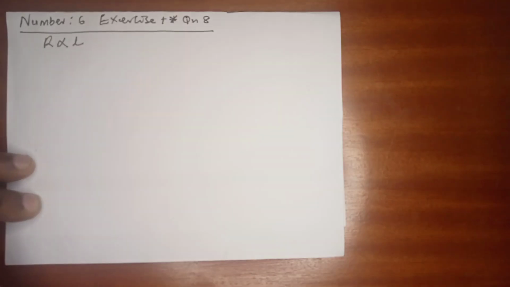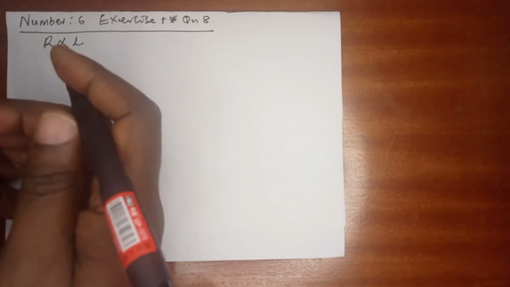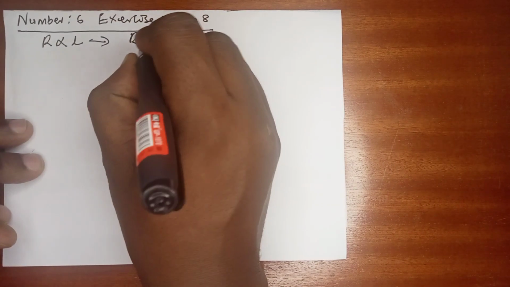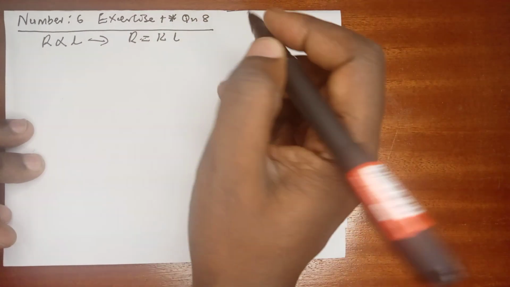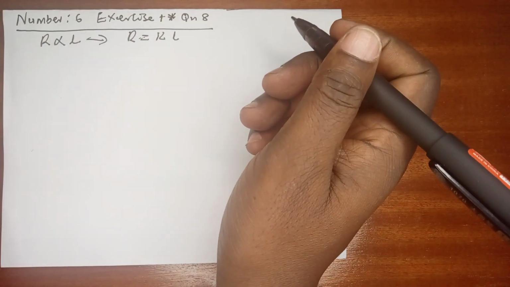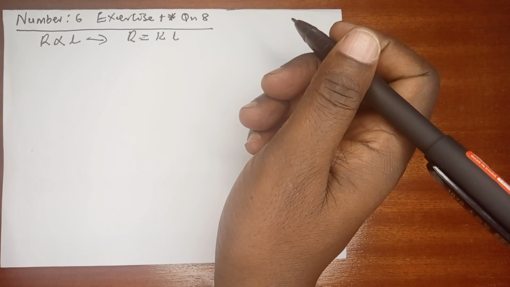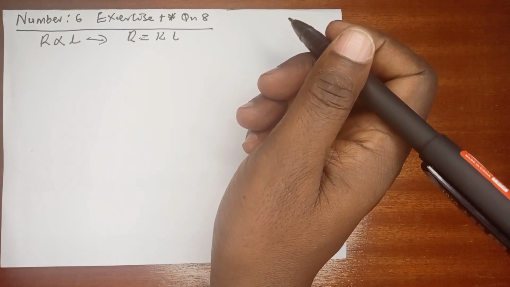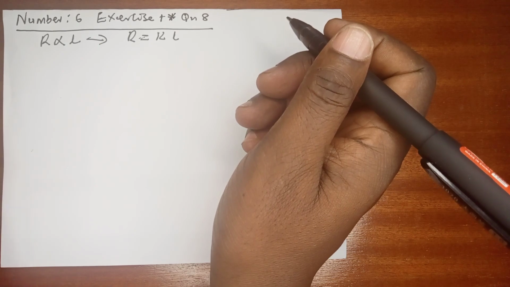This being the symbol of proportionality, we need now to introduce the constant of proportionality and have R equals KL. R is a variable resistance, L is a variable that is talking about length, and K is the constant of proportionality. So we are given some details.